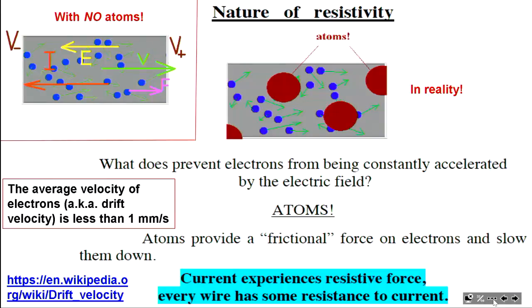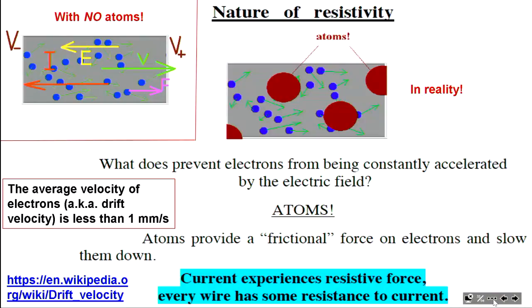Now, if we have a charge placed in an electric field and nothing else is acting on it, because of the force it would be accelerating. F equals ma. And acceleration means it would be traveling faster and faster forever. That's not happening. Why? Because every wire also has other parts.